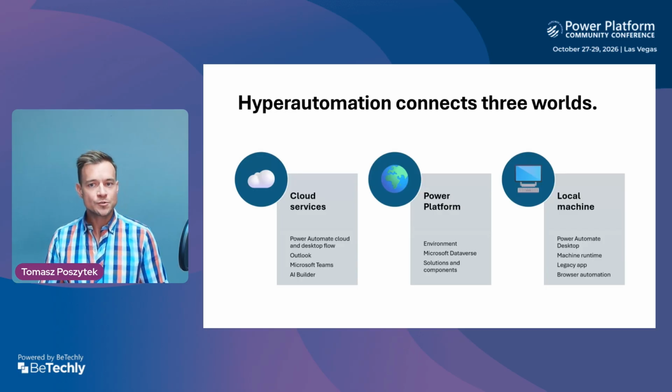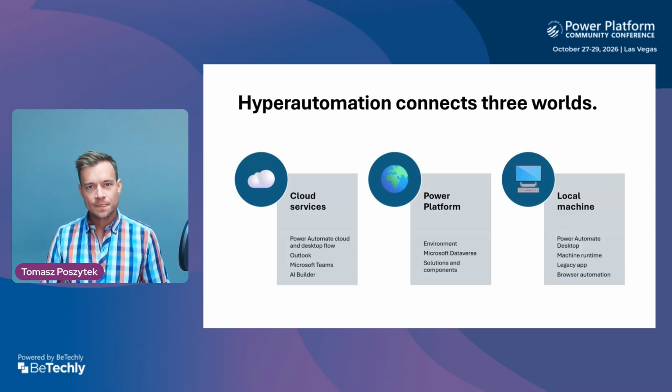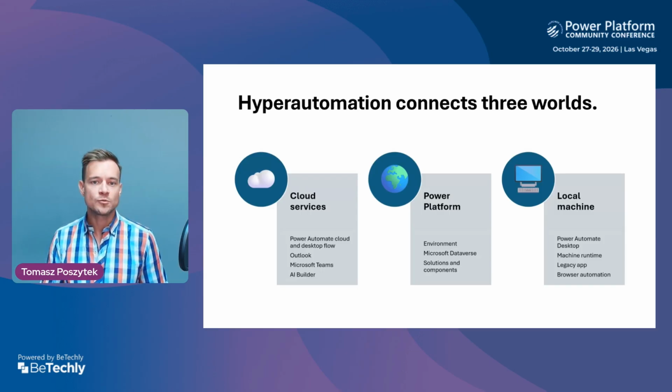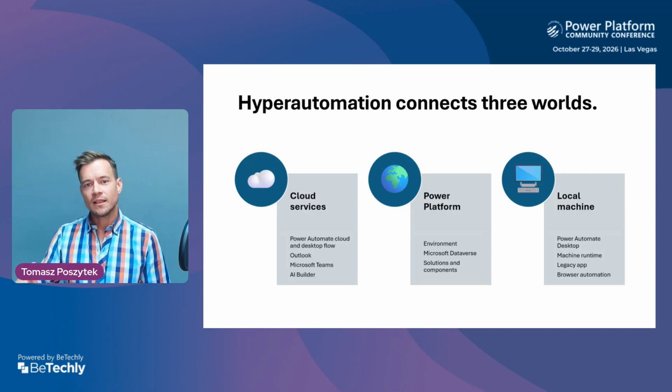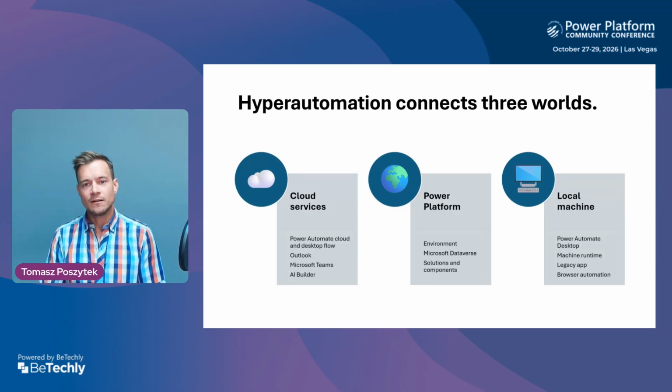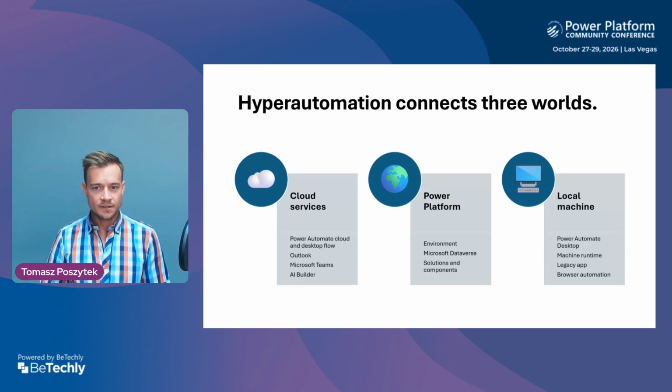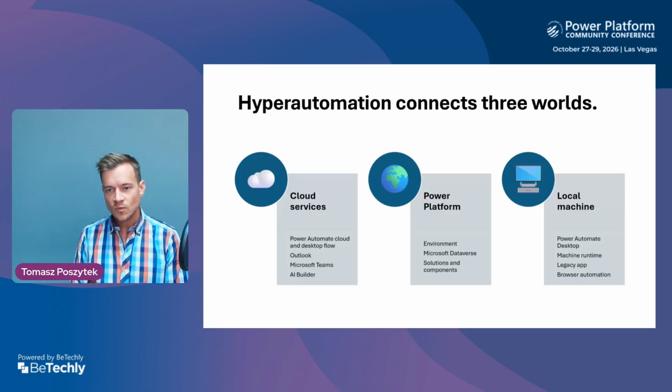They can be different tools from different vendors. The only goal is that we need to combine them, bond them together, so that together they allow us to automate a process end to end that can be held in different places around the company, on different platforms, on different machines, or whatever is running in the company.